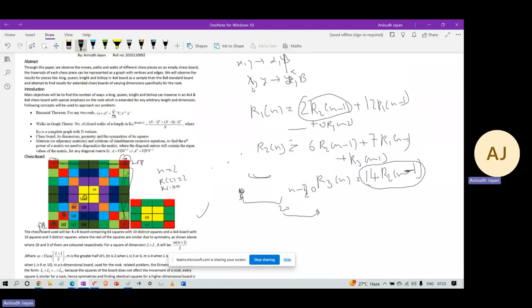Now it can change x to 1 to 8 minus x minus alpha, that is 8 minus 2, 6.